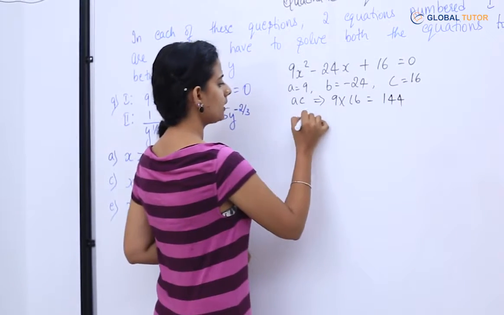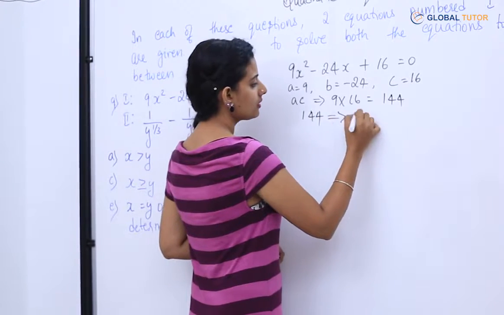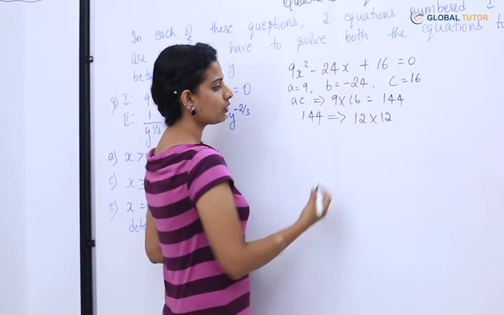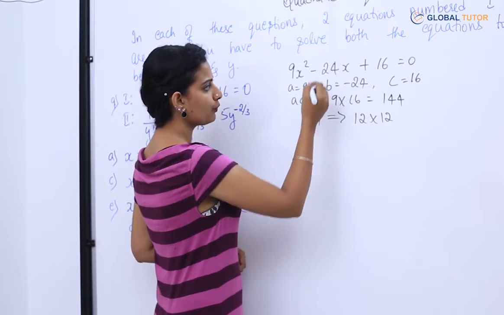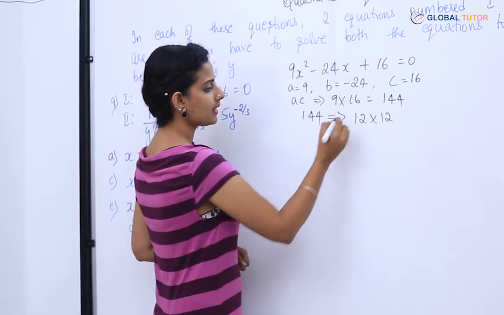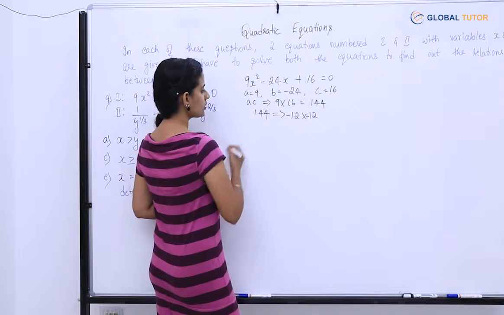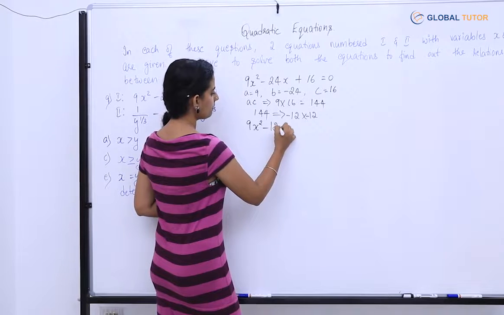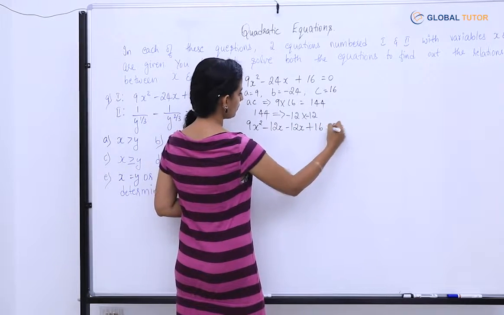We all know that 144 is a perfect square, which means 12 into 12 is 144, and 12 plus 12 will be 24, but we want a minus sign, so we will take minus 12 and minus 12. So this equation can be written as 9x square minus 12x minus 12x plus 16 is equal to 0.